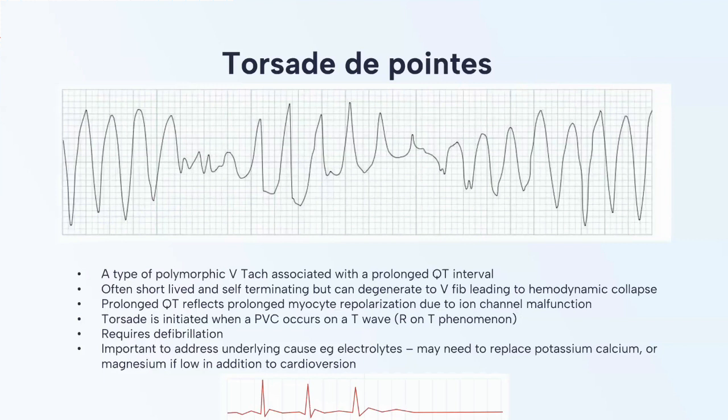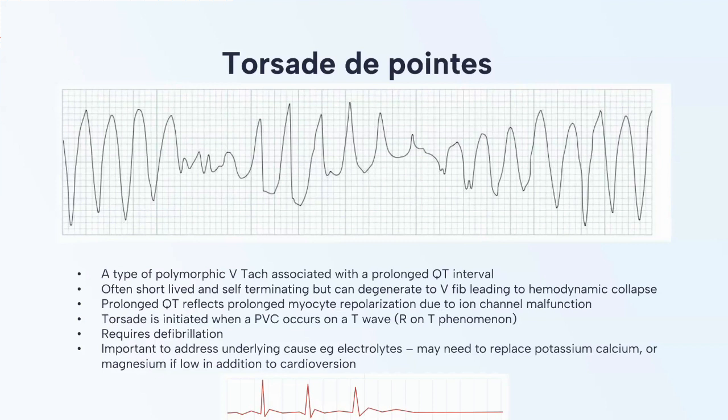There's a special type of polymorphic VT called Torsades de Pointes. This rhythm's twisting around, so you get an isoelectric baseline, but the amplitude of the QRSs gradually gets bigger and then smaller, and it looks like it's twisting around that isoelectric line. It's a type of polymorphic VT associated with prolonged QT interval.